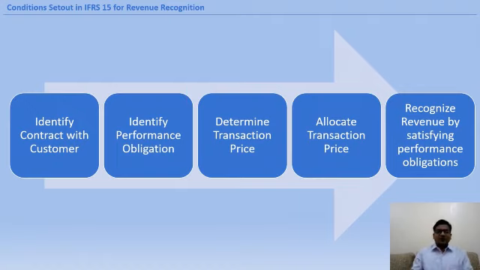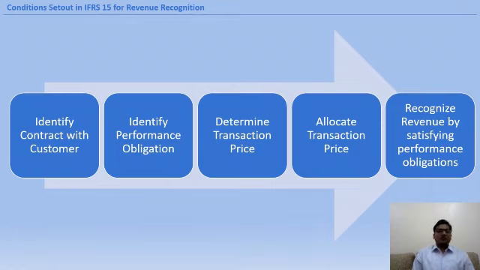So that's all about the 5 conditions which are laid down for recognizing revenue under performance obligation. And more importantly, there is one more item which would come up as an important item in the case of identifying the contract. Any contract which is identified in the very first place should also have commercial substance, and collectibility is one major condition which is involved.